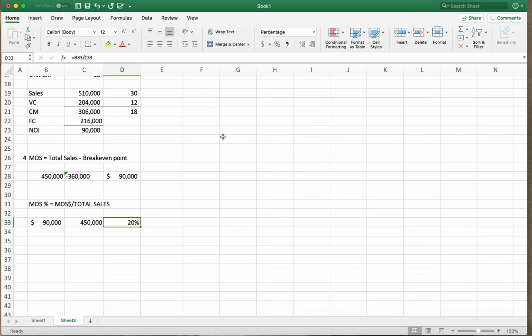Okay? Now let's look at number 5. Number 5 says, what is the company's CM ratio? If sales increase by 50,000 per month and there is no change in fixed expenses, by how much would you expect monthly net operating income to increase? Okay, pretty easy for us to do, right? What's the first thing we need to do?